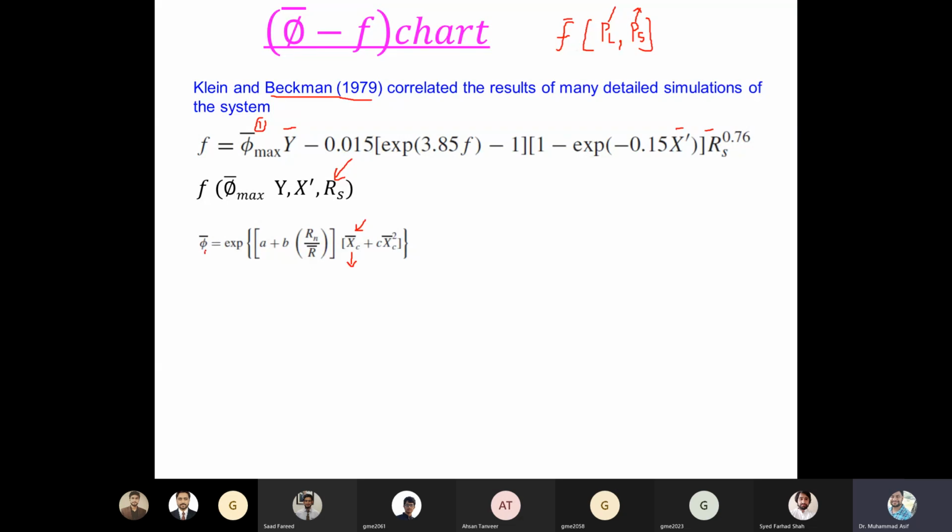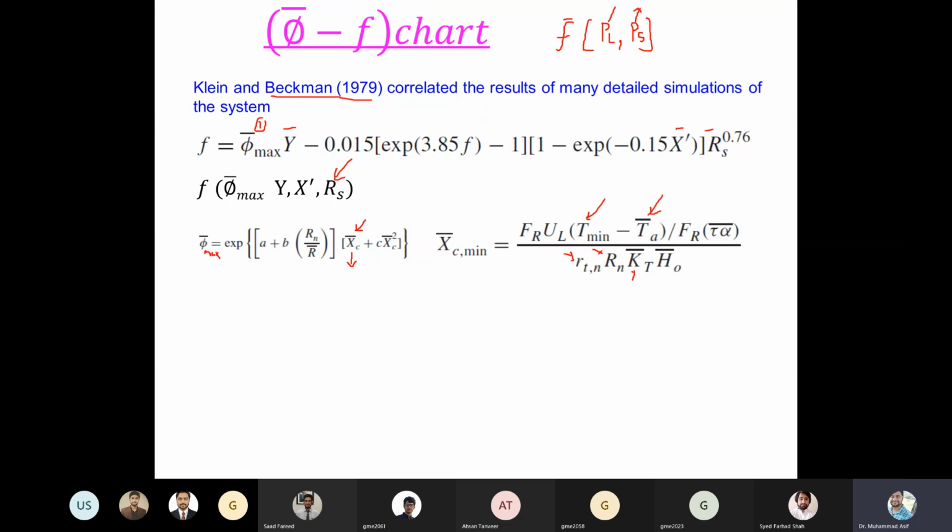And xc we can calculate with the help of this formula. This is a function of the heat removal factor, the load coefficient, the minimum temperature that is required, the average ambient temperature, and the average product of tau alpha. These are the parameters related to the solar radiation, and based on the location as well. We have also defined KT in the previous class.